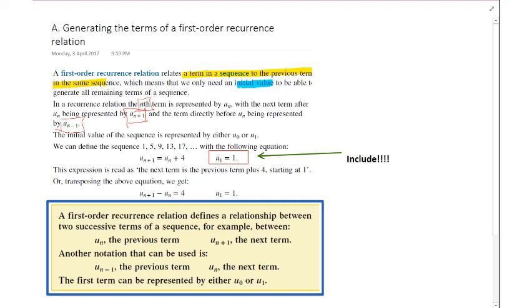And now I'm stating that the first number I'm going to look at is 1, and you always have to include something like this. You've got to state what that first term is.